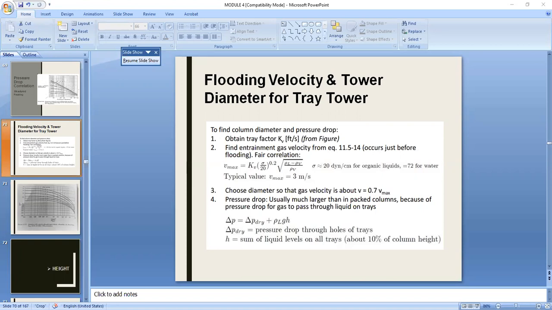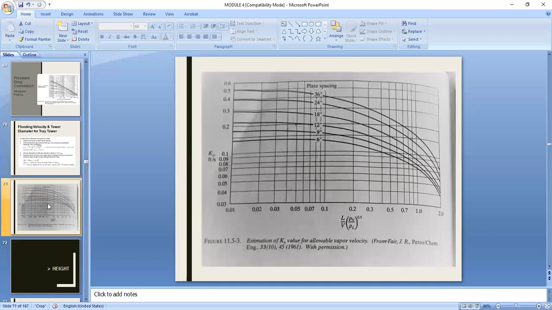Now, you'll be able to see a sample problem on this in Coulson, just one, on the use of the flooding velocity to determine the diameter of a tray tower. Okay, so please check on that. And this is that particular diagram where you can get the tray factor.